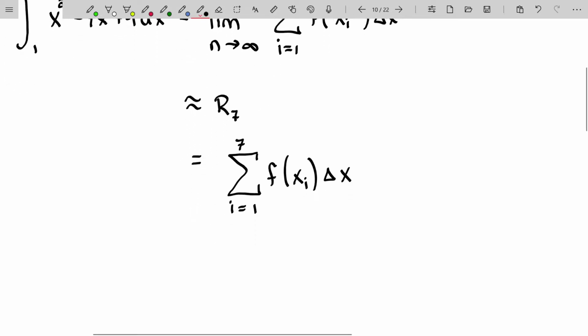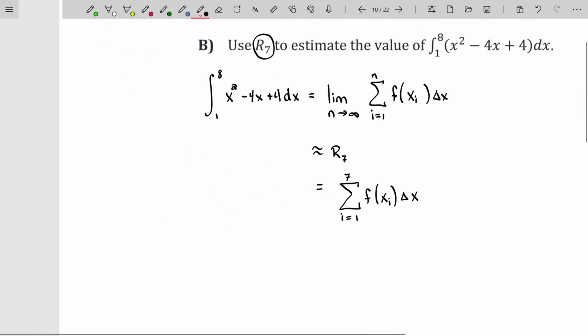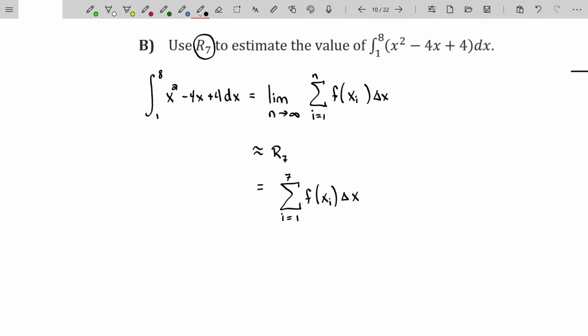All right, so let's go ahead and figure out what x sub i and delta x are. So delta x is (b minus a) over n. That's (8 minus 1) over n, or in other words, 7 over n. Remember, we're doing 7 slices here, though. So n is equal to 7, and that will imply that delta x is equal to 7 over 7, or 1. That's super nice.